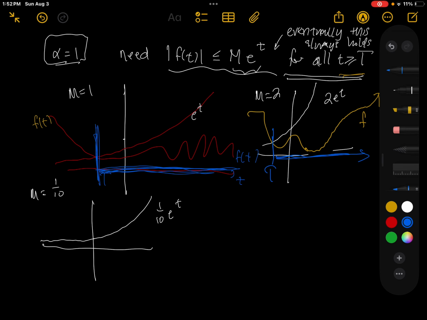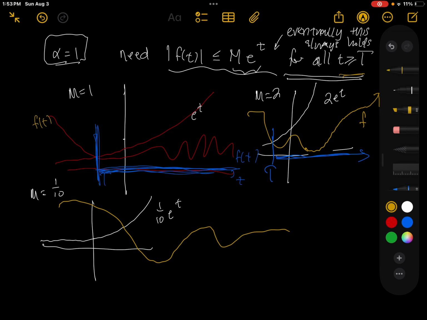So what it means to be of exponential order 1 is that for your function, there's some m, it could be 1, it could be 2, it could be m equals 1/10, such that eventually the absolute value of your function is always below the graph of m e to the t. So you could have something like this.